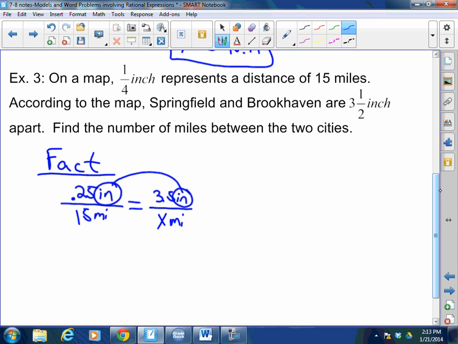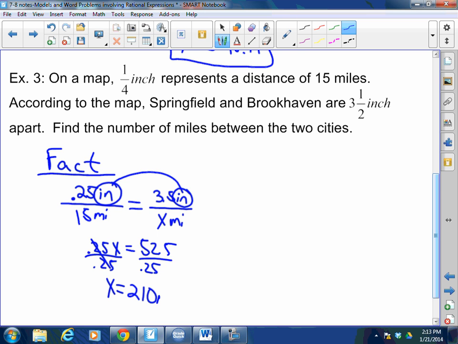So let's go ahead and cross multiply. 0.25x equals, again, you could use your calculator here for speed, 15 times 3.5, that equals 52.5, divided by 0.25. x will equal 210. 210 what?